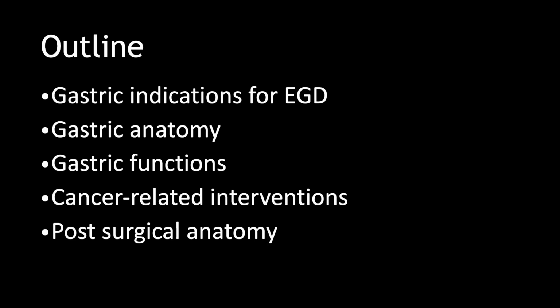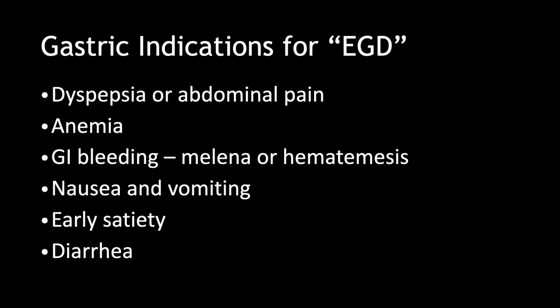And because we're in a cancer center, there are many interventions that we can perform that are related to cancer treatment during an upper endoscopy procedure. And a lot of the cancer treatment can also involve surgical procedures. And I wanted us all to be able to recognize some of the common post-surgical anatomy that we'll see during an EGD.